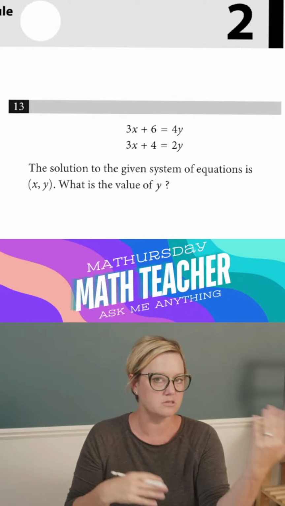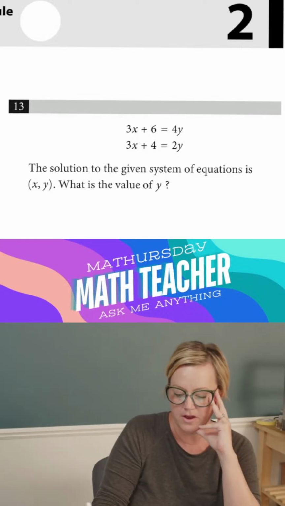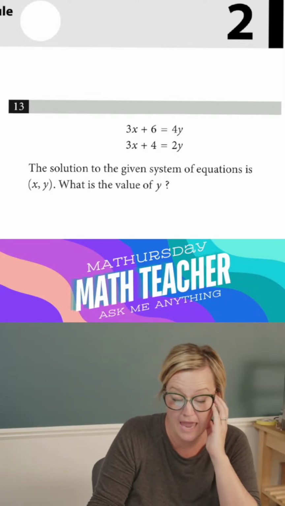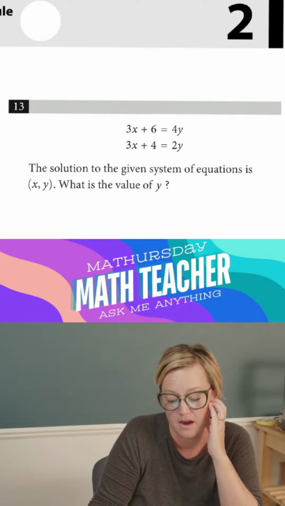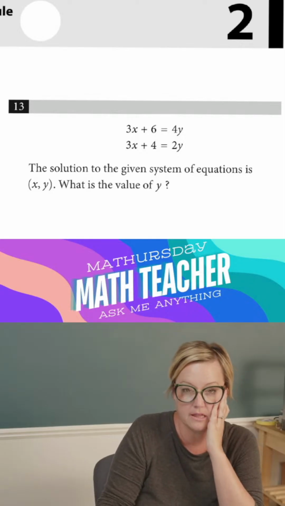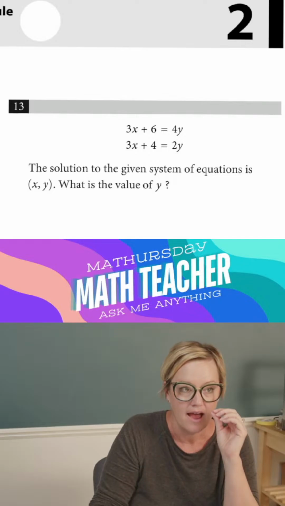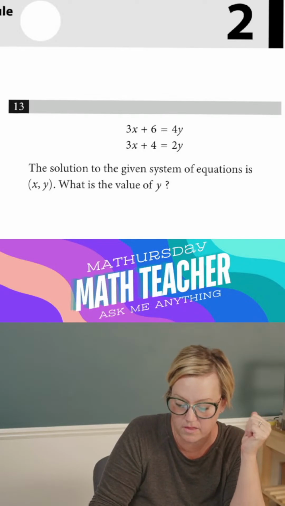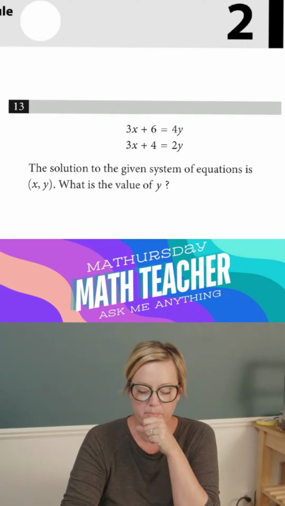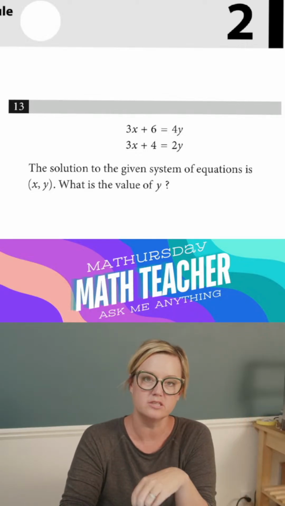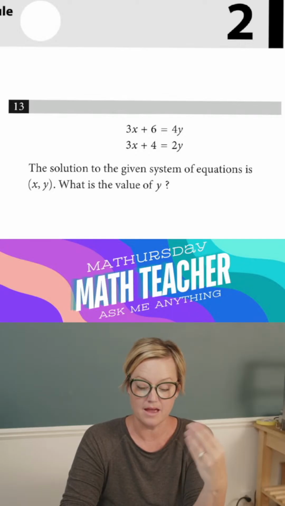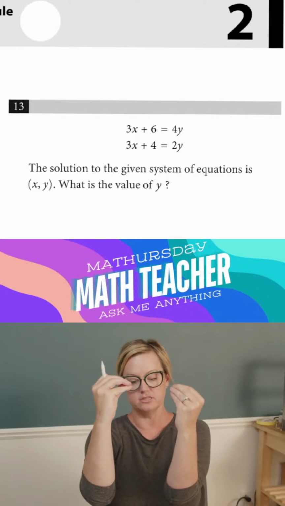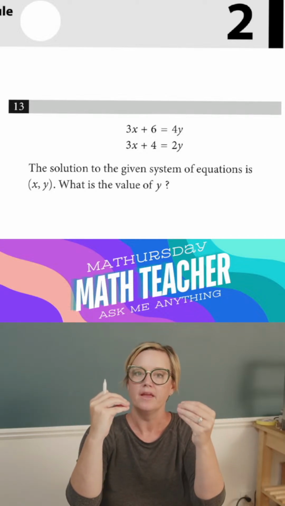There's substitution, there's elimination, those are the two main ways. You can graph it, so you can use Desmos. But I'm going to use elimination because I see that 3x and 3x are there.